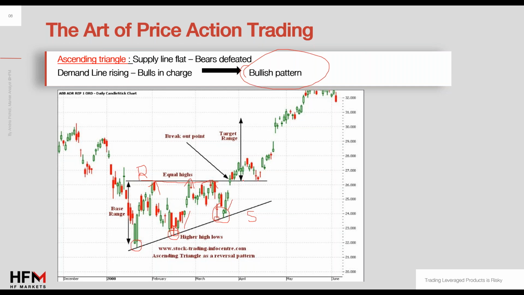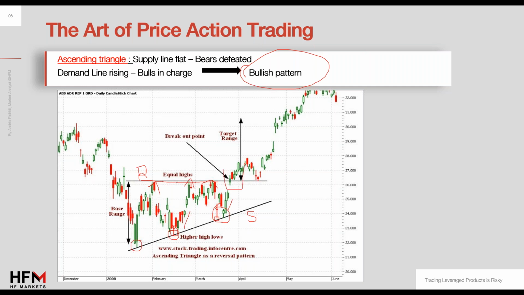So the breakout over here was the confirmation that indeed the underlying momentum is bullish. Because we know that an ascending triangle tends to be a bullish pattern, but until we have a confirmation, we cannot take a decision and we cannot enter the market.